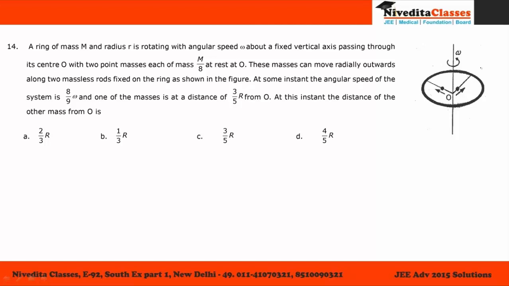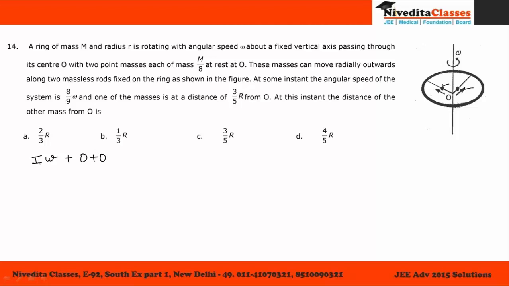So in the initial case, the angular momentum due to the ring will be equal to I into omega, plus the momentum due to the smaller masses will be 0 because they are at the center in the initial case, so that will be 0 plus 0.